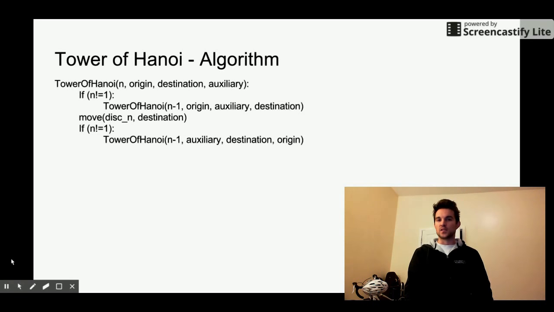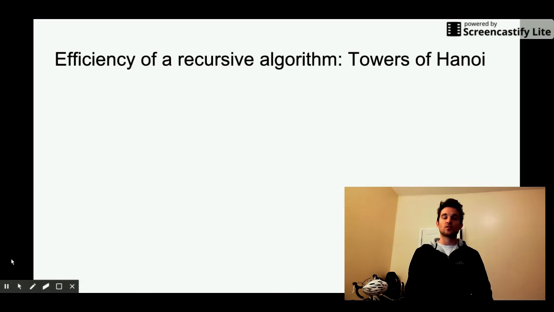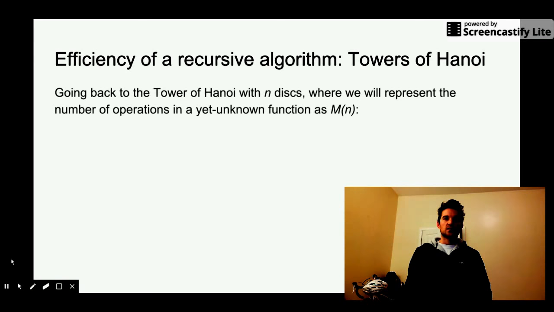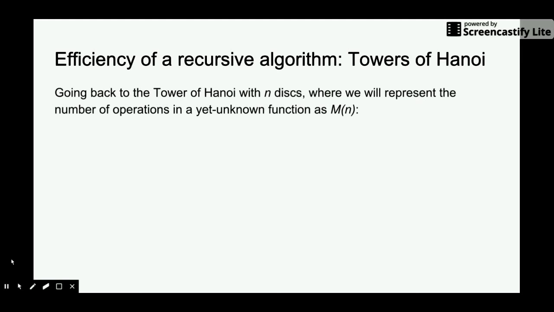But let's bring this full circle. How do we measure the efficiency of a tower of Hanoi algorithm? How do you measure the efficiency of a recursive algorithm? Using the towers of Hanoi idea with n disks, what we're going to do is start off by taking the original function, which was towers of Hanoi of n number of disks, and then we can skip the rods for now because the number of operations is pretty much only dependent on n. We're keeping the number of rods fixed.